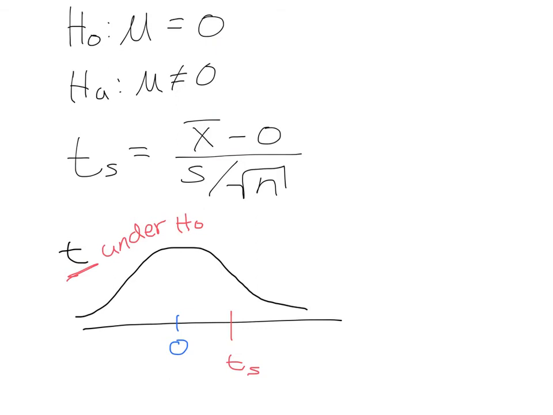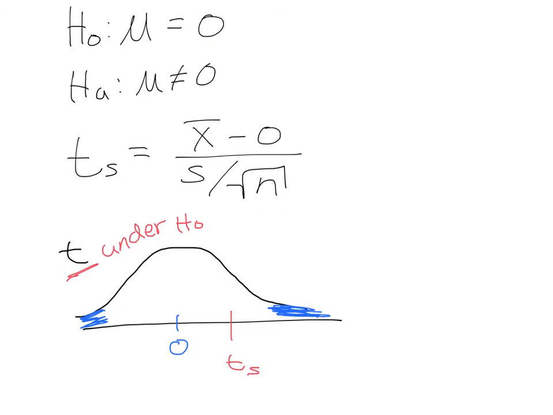Is our observed test statistic extreme? What does it mean to be extreme? That's defined by the alternative hypothesis. To not be equal to 0 is to be extreme. So to have been observed in either of these two ends, here or here, would have been an extreme observation of the test statistic.